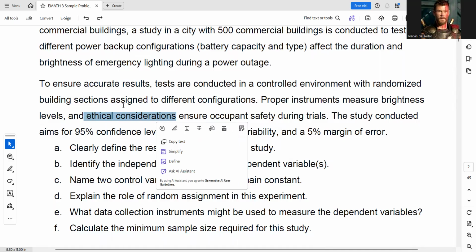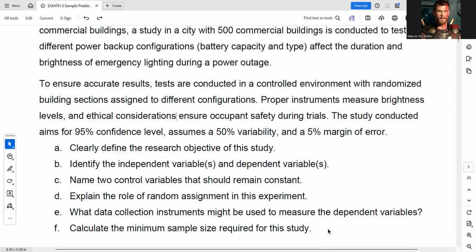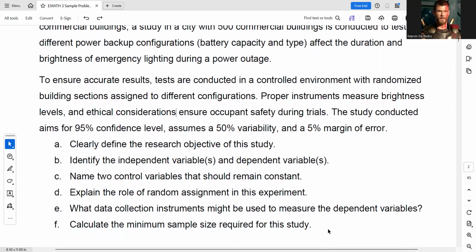Okay, so we're not going to talk about that, but just remember, whenever there are human participants in our experiment, we have to consider the ethical aspect, right? In other words, we have to make sure our experiment is humane.